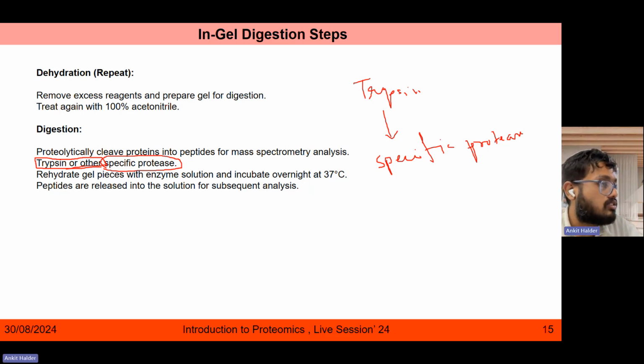Okay, so this is the trypsin that we are using, the specific protease. So why are we using a specific protease?